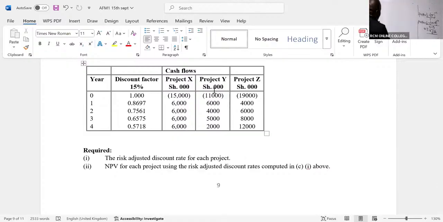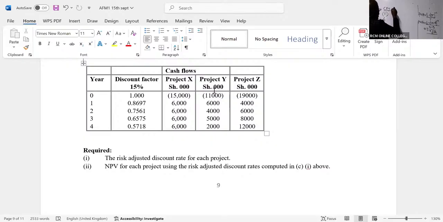So we have time 0, 1, 2, 3, 4, and cash flows of project Y: negative 11 because I'm investing there, year 1 I get 6, year 2 I get 4, year 3 I get 5, and this year I get 2.